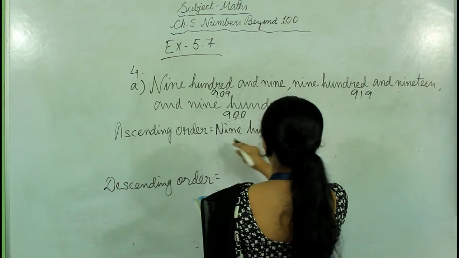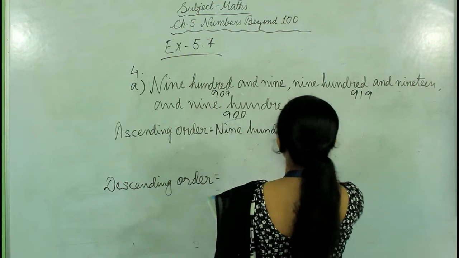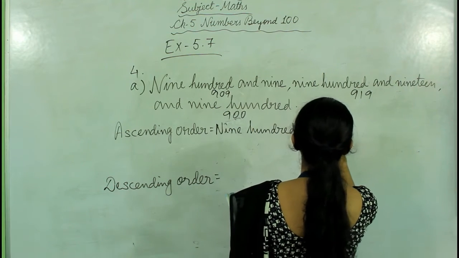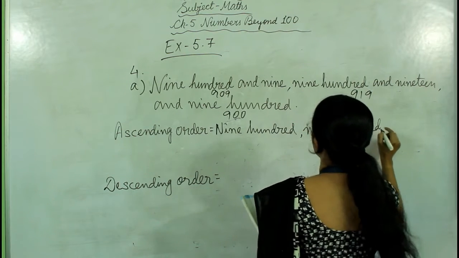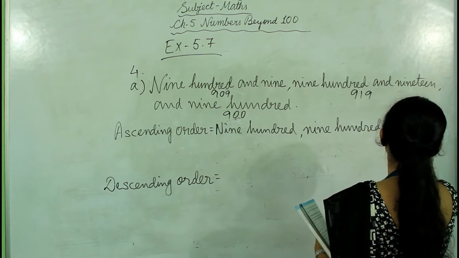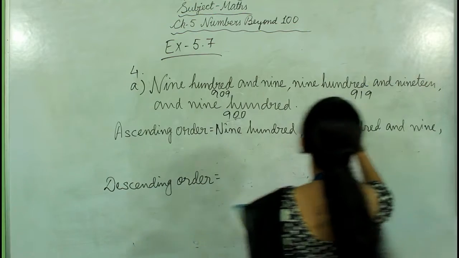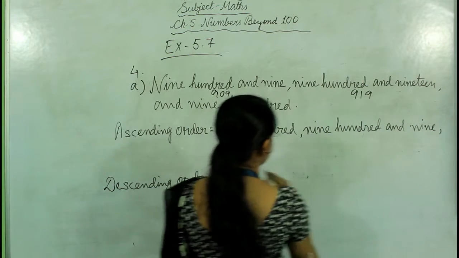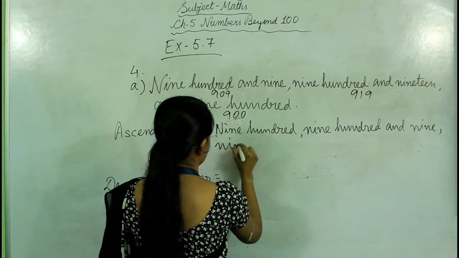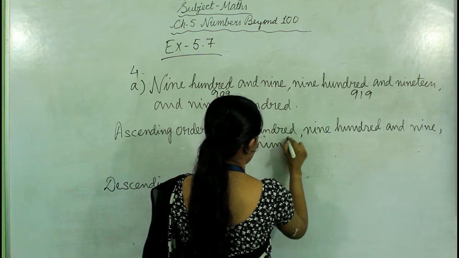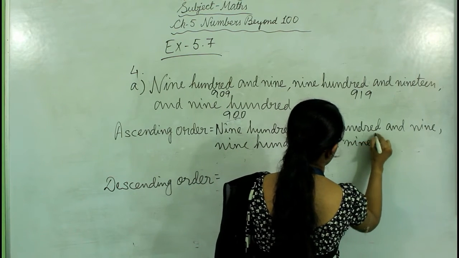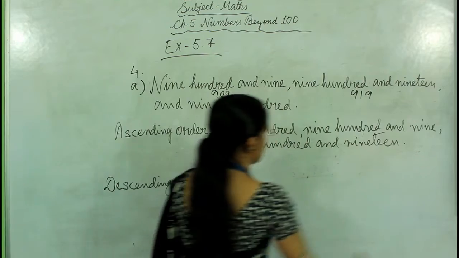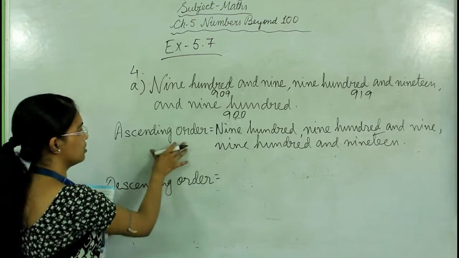So write the name of 909. Then which one is left? 919. So in this way you have to do this ascending.